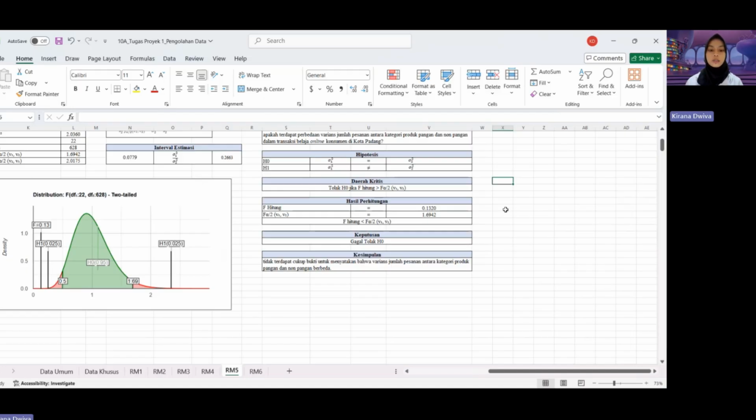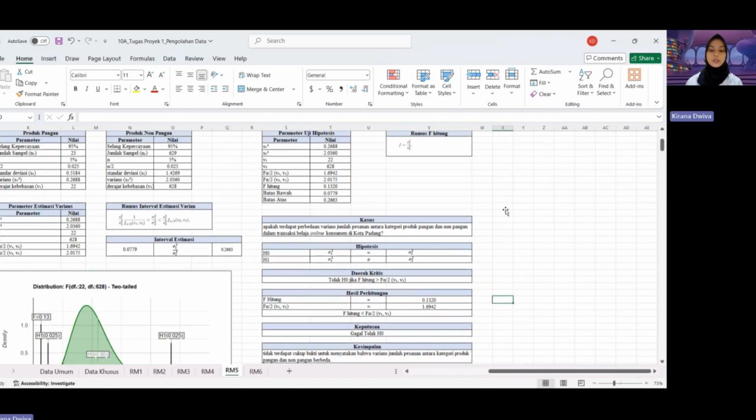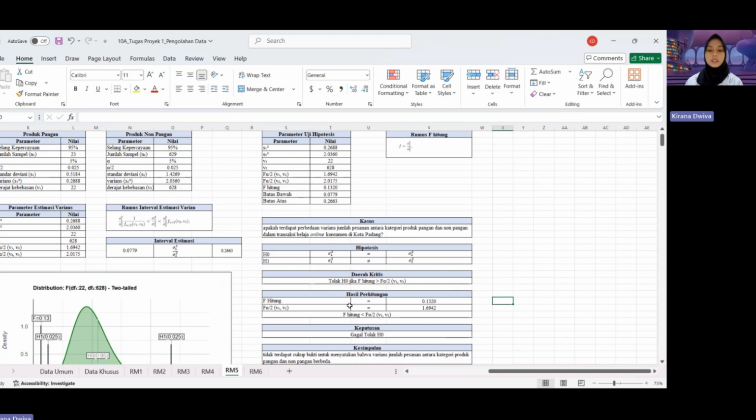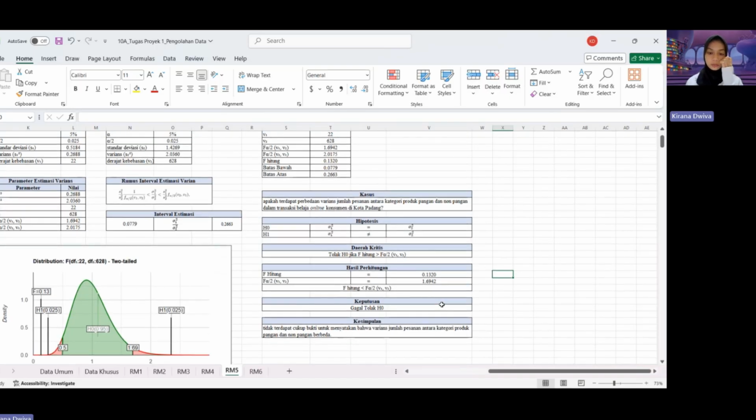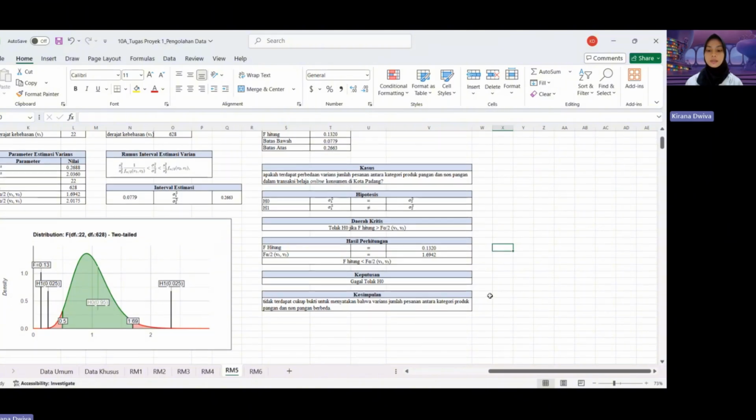The calculation of F and F alpha per 2, V1, V2 is F equal to 0.1320, and F alpha per 2, V1, V2 equal to 1.6942. So F is less than F alpha per 2, V1, V2.